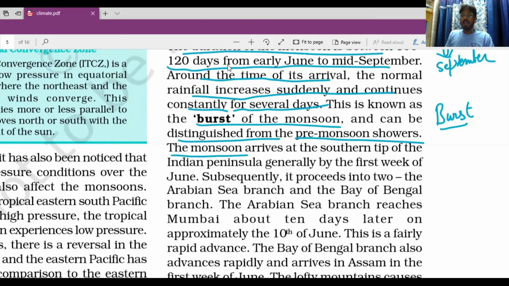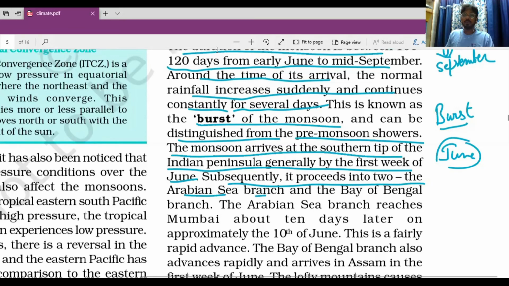The monsoon arrives at the southern tip of the Indian Peninsula, generally by the first week of June. When monsoon arrives in India, it arrives in the month of June. Subsequently, it proceeds into two branches, the Arabian Sea branch and the Bay of Bengal branch. How? Let us understand.